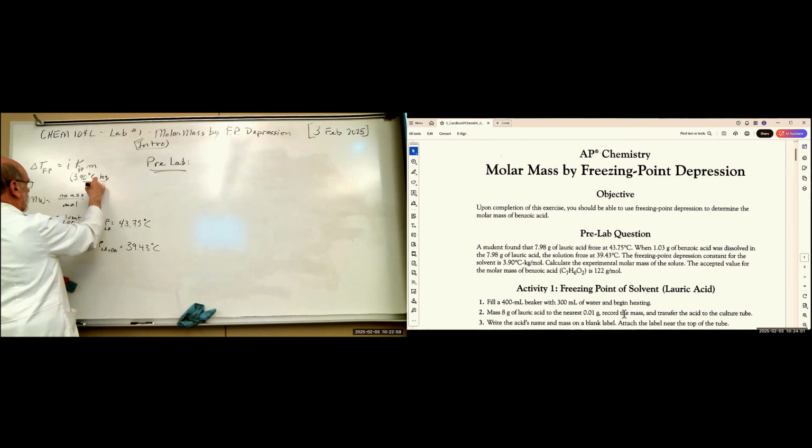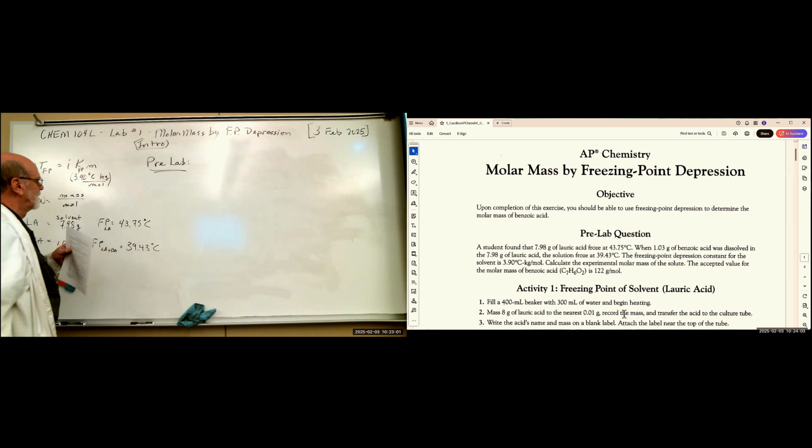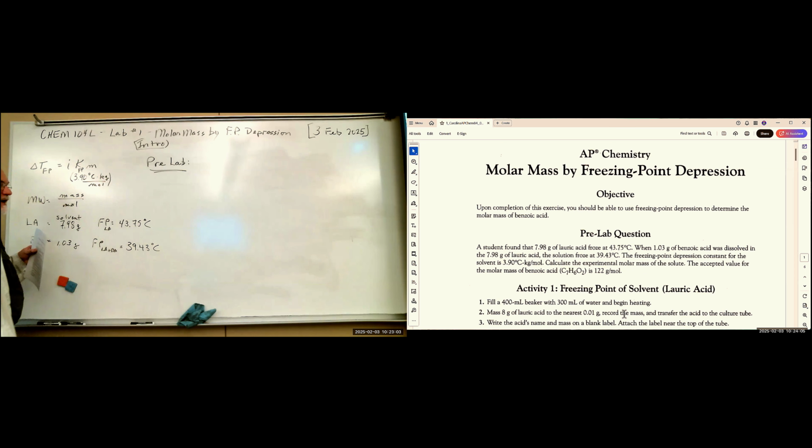kilogram per mole. Now that may look strange to you because we had degrees C per molal. Well, if you put molal in the denominator and bring it into the numerator, it flips. So instead of moles per kilogram, it's now kilograms per mole. The reason we want it that way is so we can cancel units in our calculations.